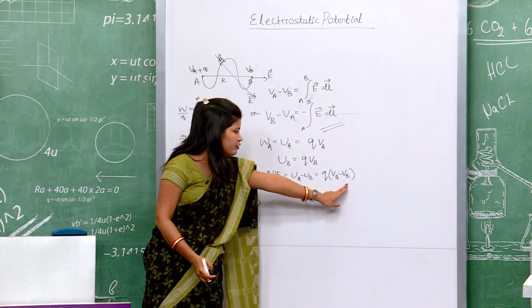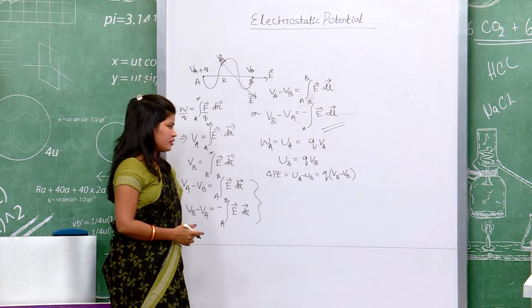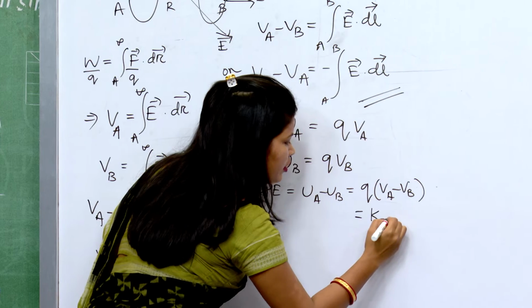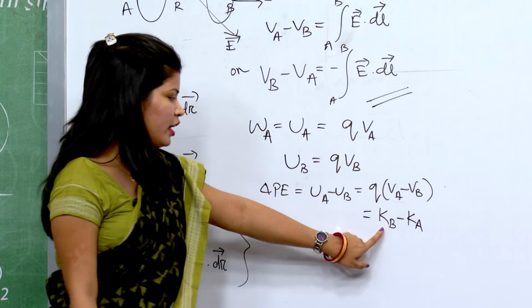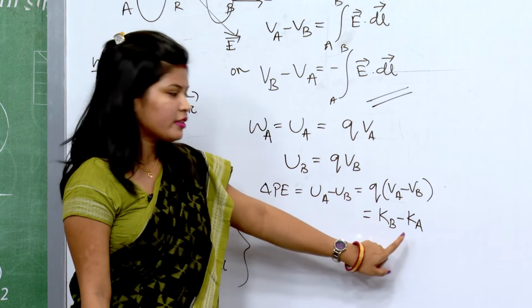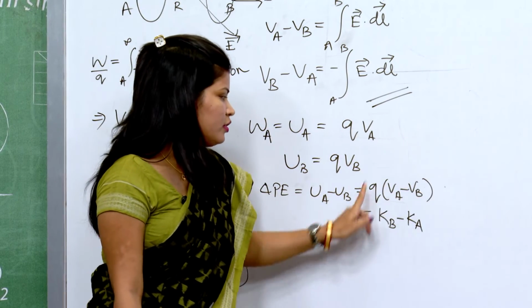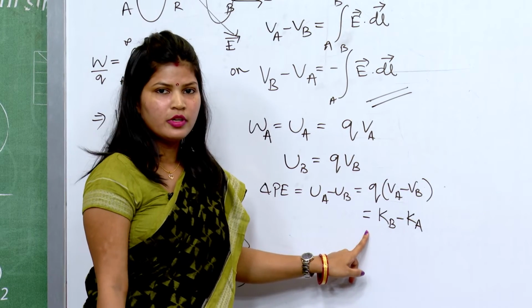Similarly, this difference is also converted into kinetic energy. So, I can write this is equal to K B minus K A, that is kinetic energy at point B minus kinetic energy at point A. This is really the work energy theorem and it is the conservation of energy.